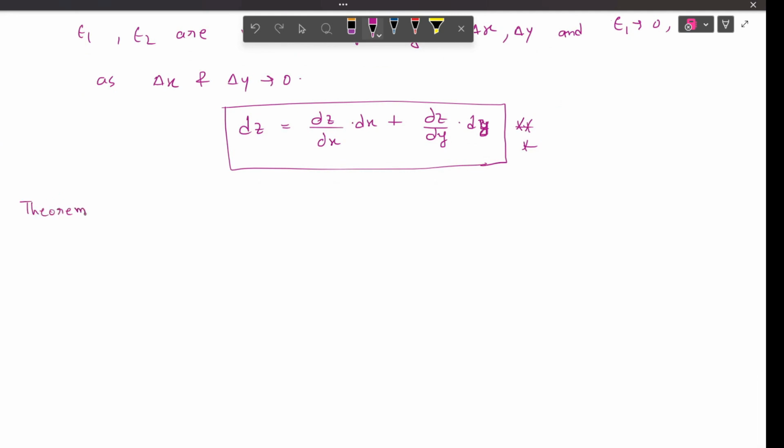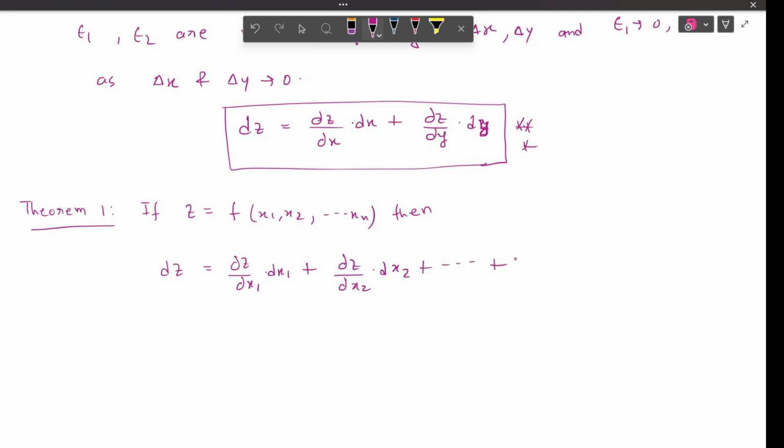Theorem 1: if z is a function of x1, x2 up to xn, then we can say that dz can be written as del z upon del x1 into dx1 plus del z upon del x2 into dx2, and in this way, del z upon del xn into dxn, where the variables x1, x2, xn may not be independent, and dz is the total differential of z.